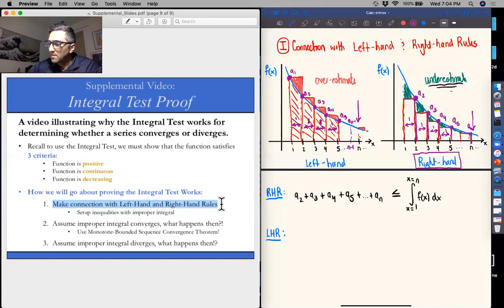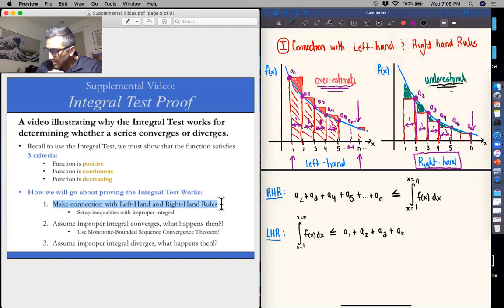But in this case, we noticed that was an overestimate of the actual integral from x equals 1 to x equals n. So we would write the integral from x equals 1 to x equals n of f of x dx as less than or equal to the sum of a1 plus a2 plus a3 plus a4 plus a5 all the way to n minus 1.